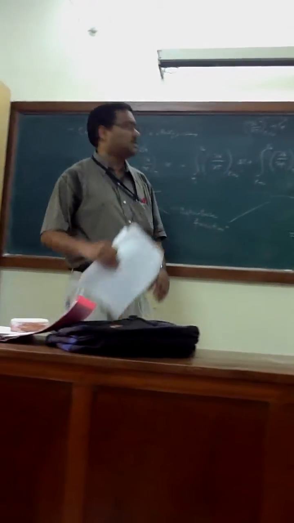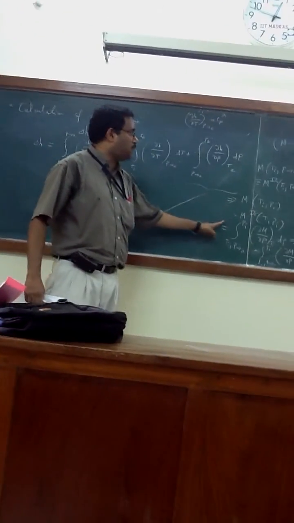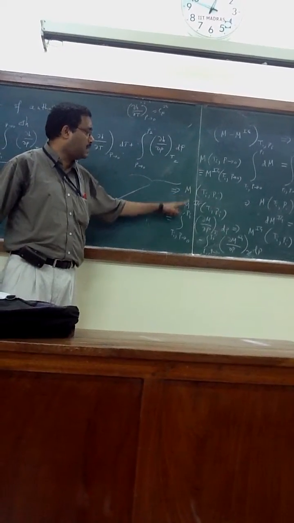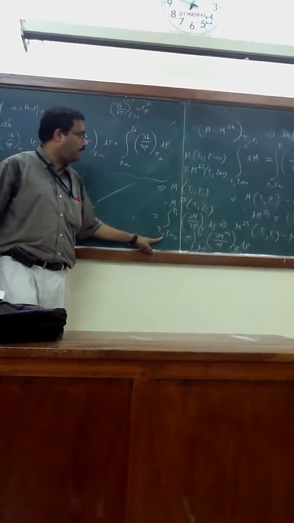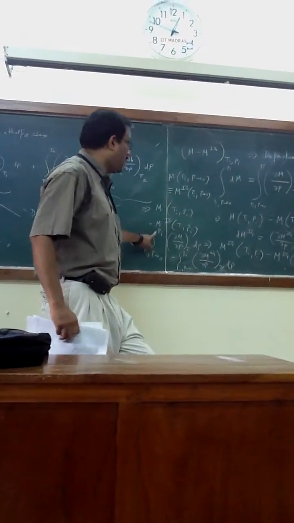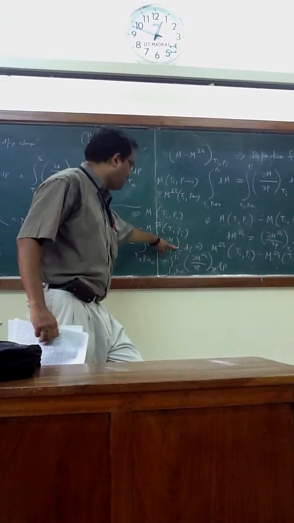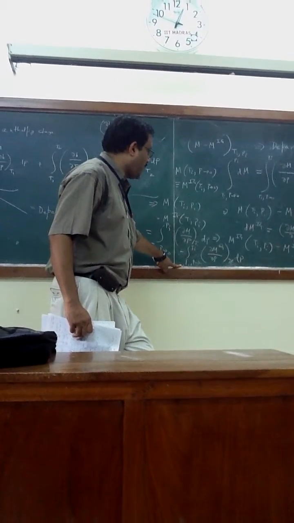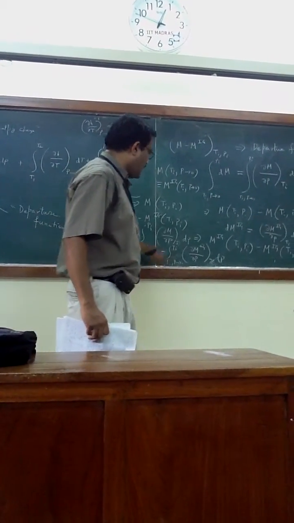Am I correct? So this is your departure. So your departure function, M minus Mig at T, P, is nothing but integral P tending to 0 to P of dou M by dou P at T, dP, minus integral P tending to 0 to P of dou Mig at T, dP.